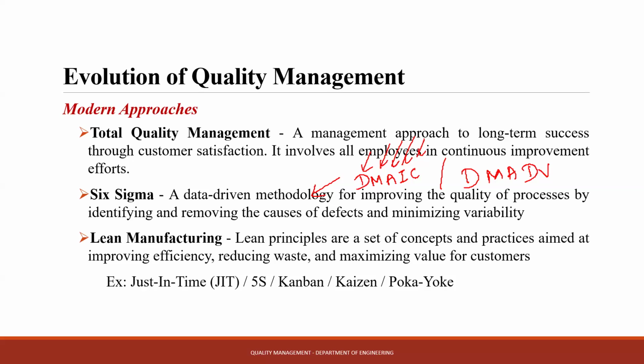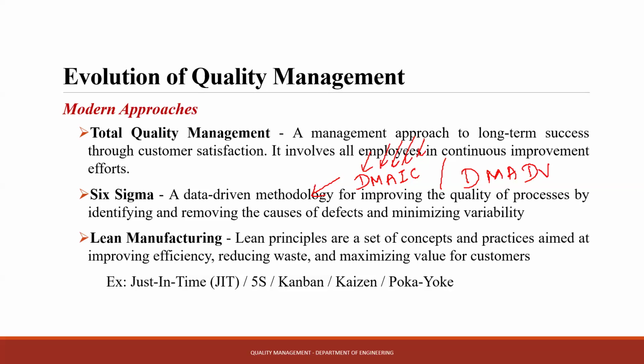Under lean manufacturing, we have a number of techniques and concepts. Here I have just pointed out a few. The just-in-time concept is there, 5S is there, and Kanban, Kaizen, Poka-yoke, okay? Those are like Toyota production system related findings, which come under lean manufacturing.